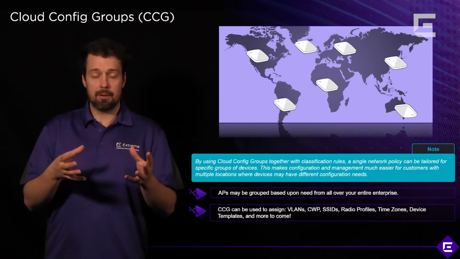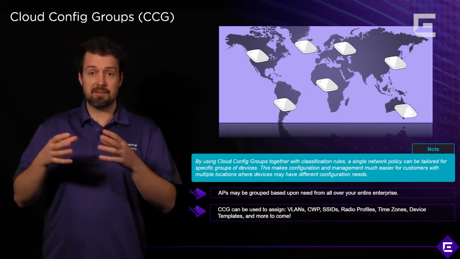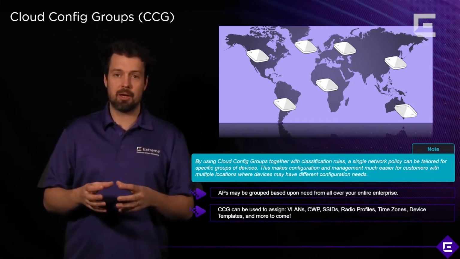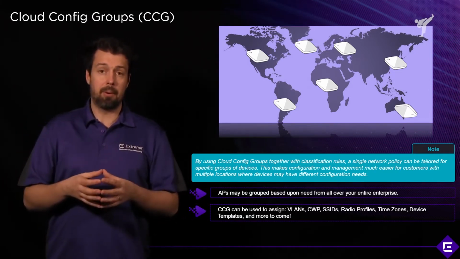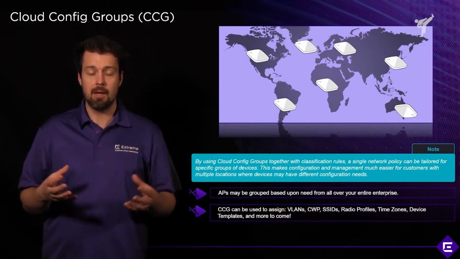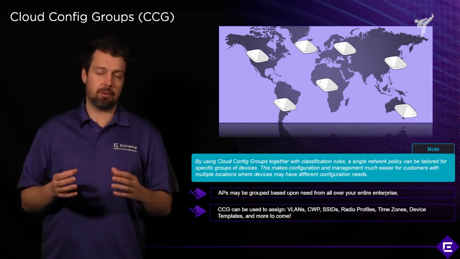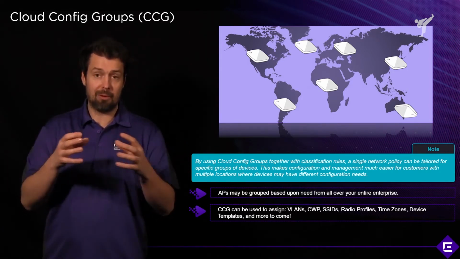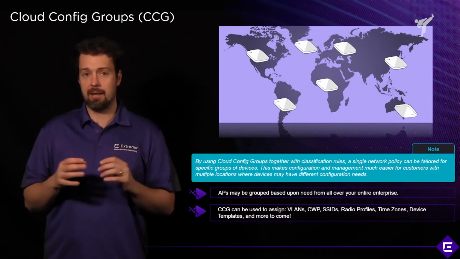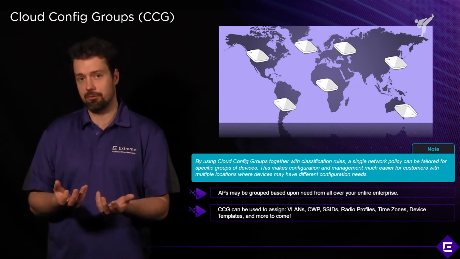So typically, or natively in ExtremeCloud IQ, you are using assignment rules that are location-based to deploy configuration objects to those groups of APs. But you can go beyond locations by using CCGs to further segment your network into more granular pieces and completely customize the way your network configuration is built and the way your devices are configured.